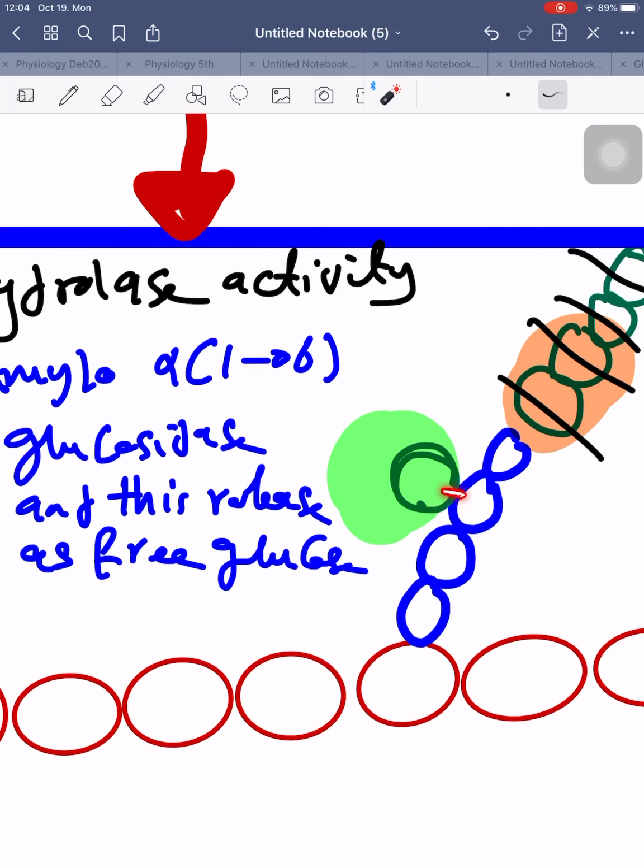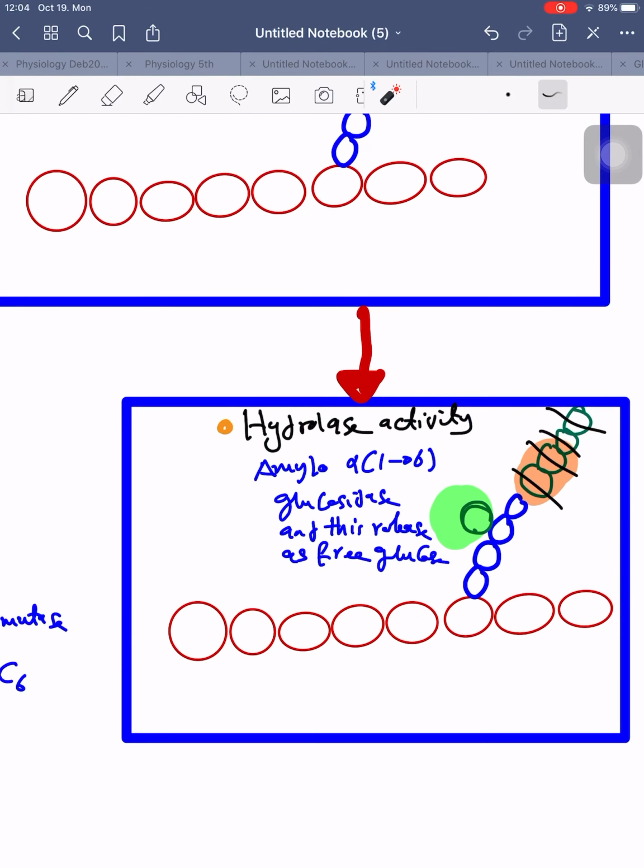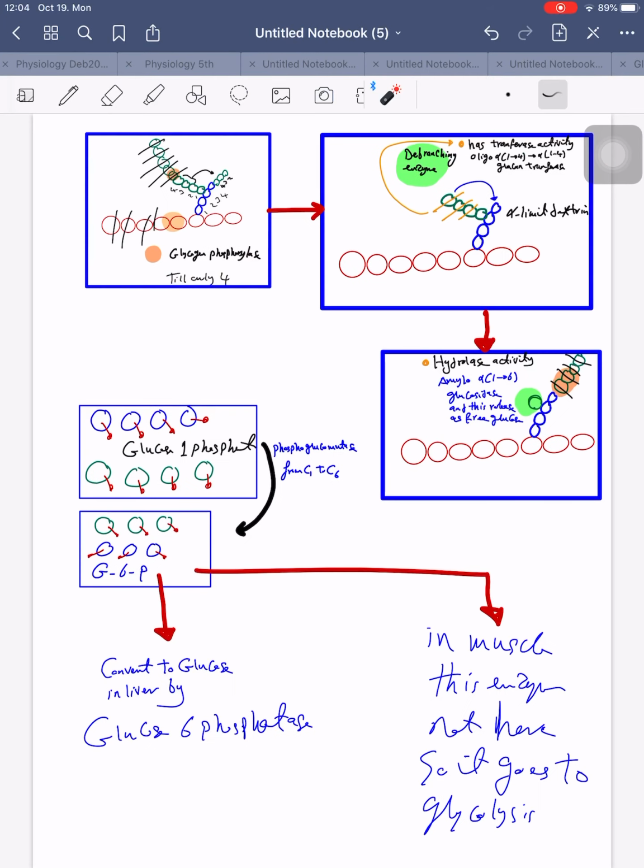The link here is what? It is alpha 6, the branching point. And the last glucose in that branch will be removed as a free glucose, not glucose 1-phosphate. So the last glucose will be released as a free glucose, not glucose 6-phosphate. Don't forget this one.